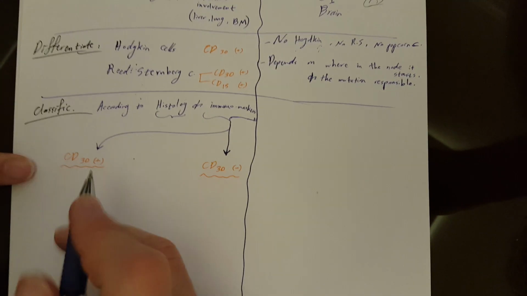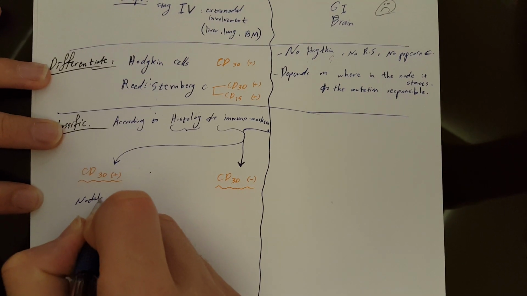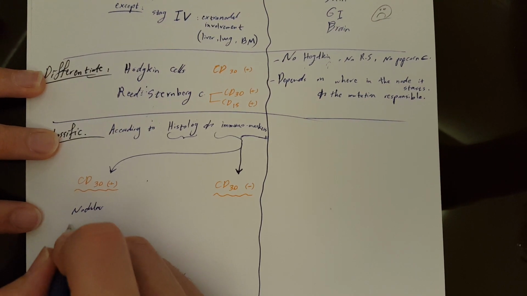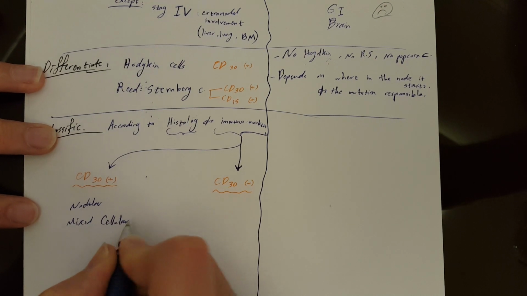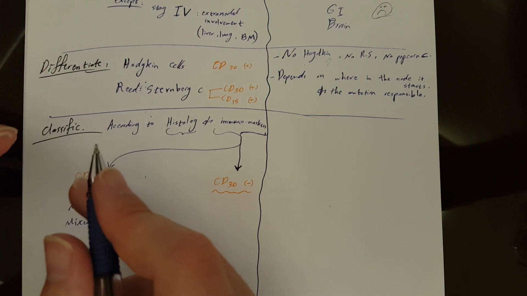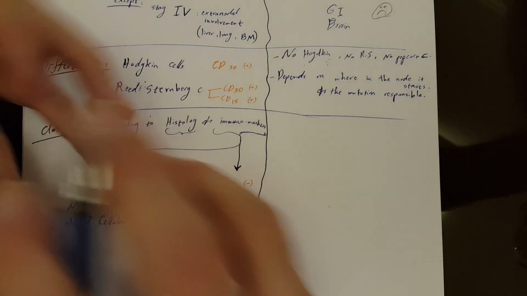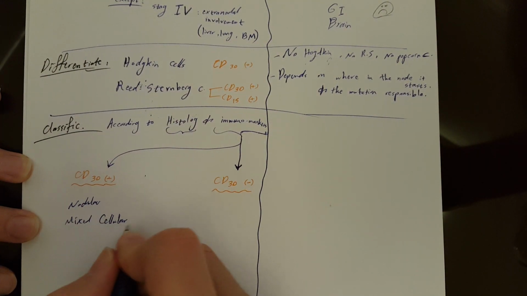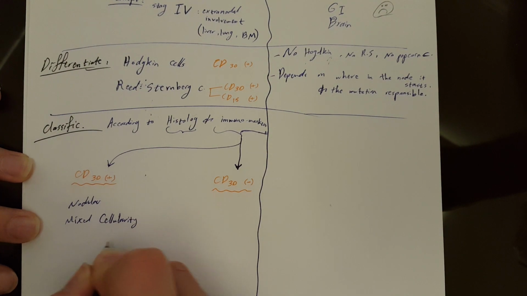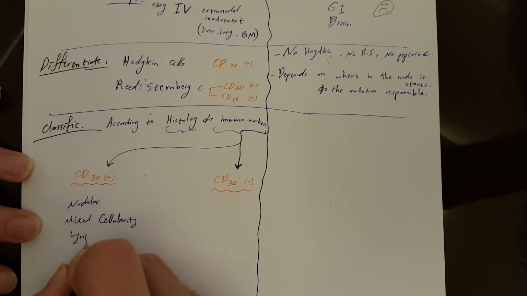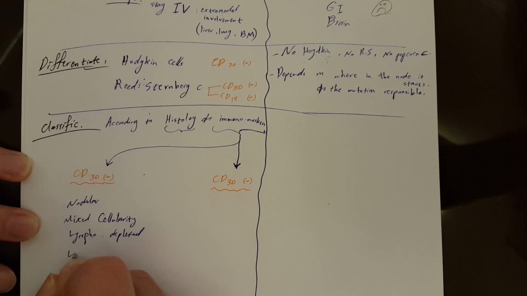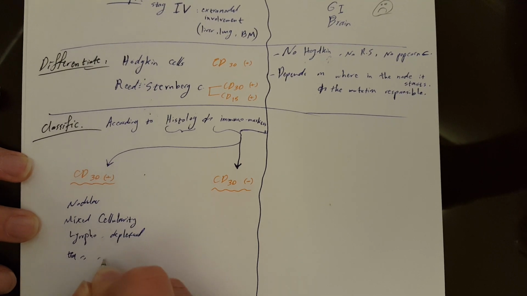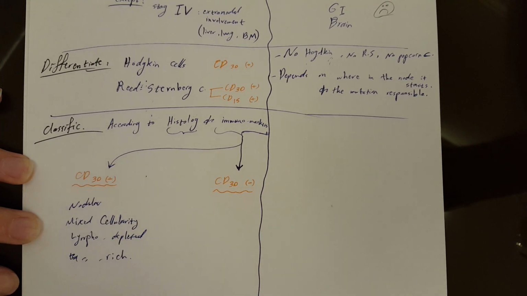So they're basically the same names, but grouped differently: mixed cellularity, lymphocyte depleted, lymphocyte rich, and so on.